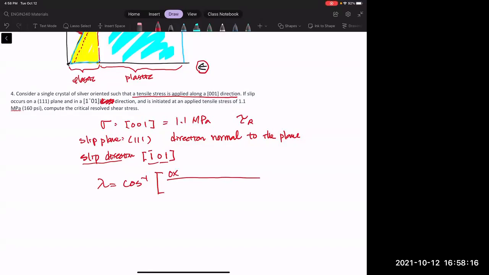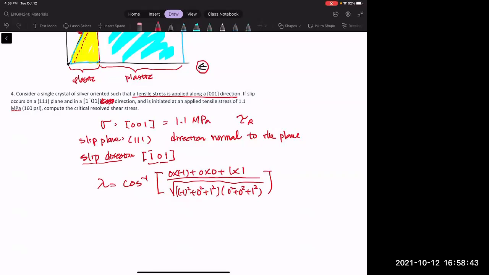So 0 times negative 1 plus 0 times 0 plus 1 times 1. At the bottom, you have the square root of negative 1 squared plus 0 squared plus 1 squared, multiplied by the square root of 0 squared plus 0 squared plus 1 squared, and that gives you the lengths.